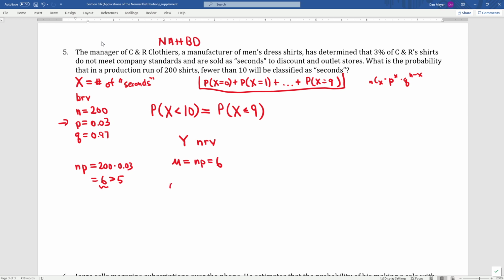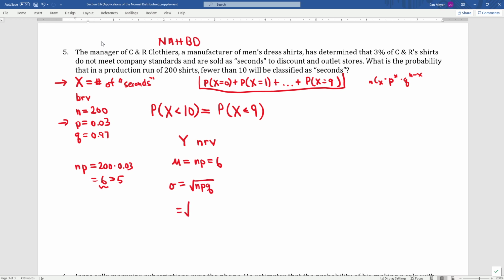And the standard deviation for this normal random variable that we're introducing is the same as the standard deviation for the binomial random variable that we're working with, which for a binomial random variable, the standard deviation is given by the square root of npq.